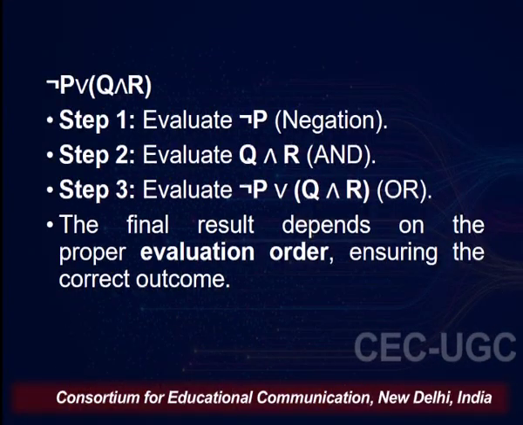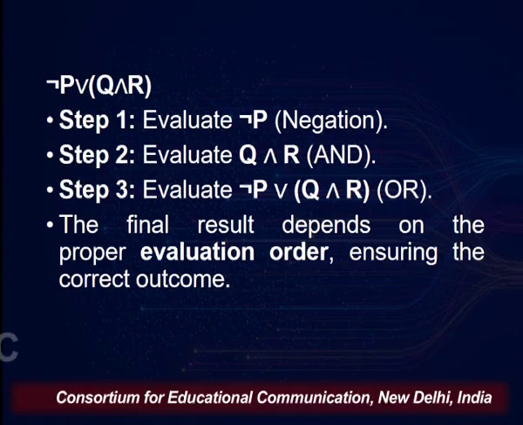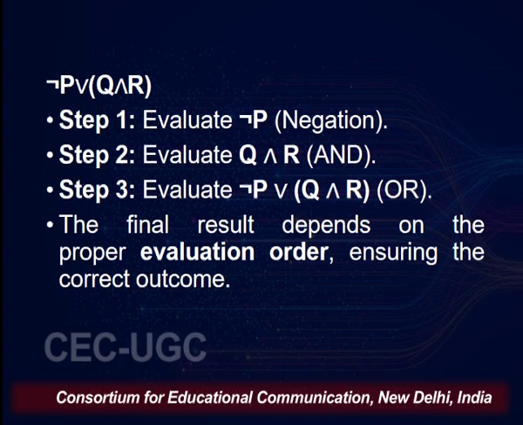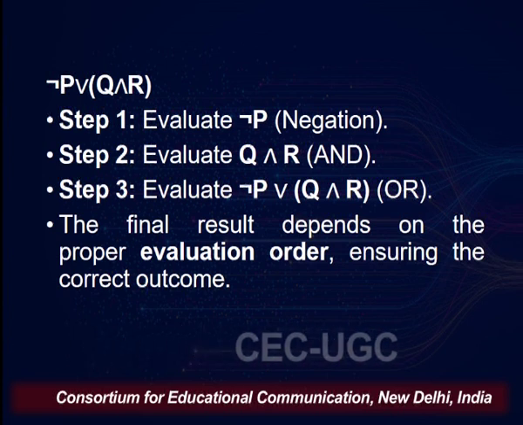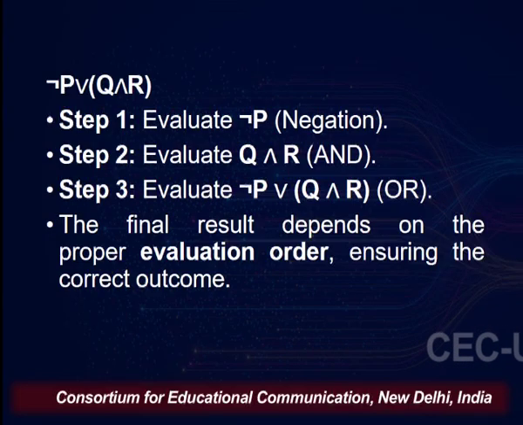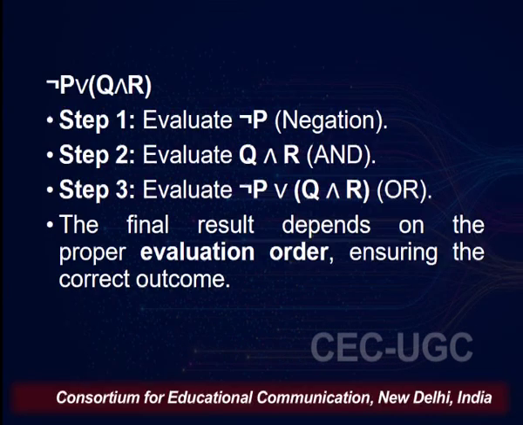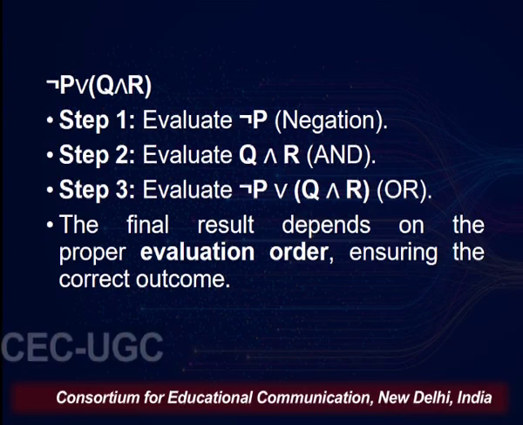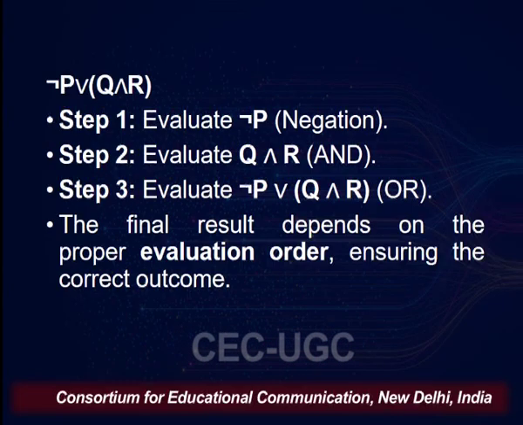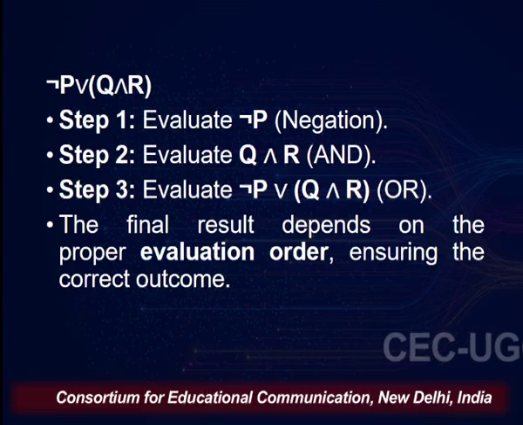Now, let us take a very small example to see how we are going to resolve it. For example, we have a proposition which says negation of P or, within the bracket, Q and R. First, negation of P is evaluated, and whatever is within the bracket is evaluated first, which is Q and R. Then finally the or connective, which connects negation of P and the component Q and R, will be evaluated.